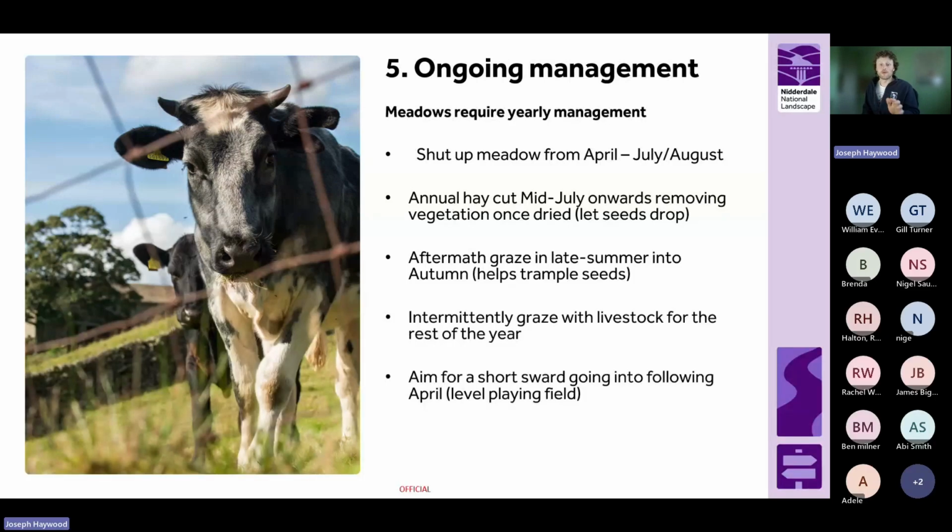And this is what I started with at the beginning, but I've left it at the end here. You want to aim for a short sward going into the following April. So if you think about it, after your last cut that you've done in November, your aftermath grazing, aftermath mowing, your grass is going to slowly, steadily grow over winter.